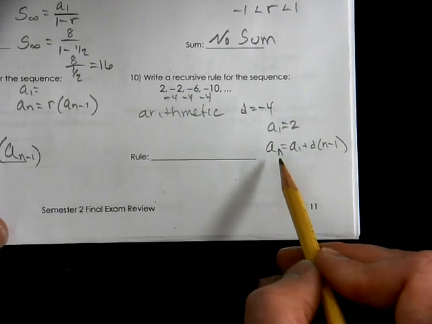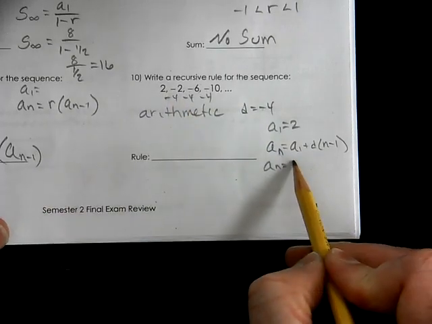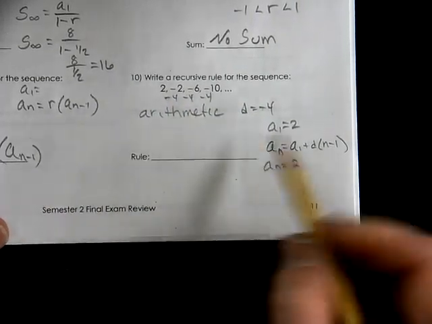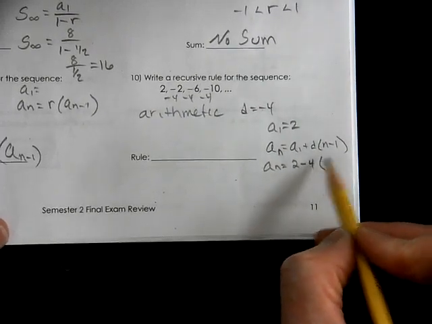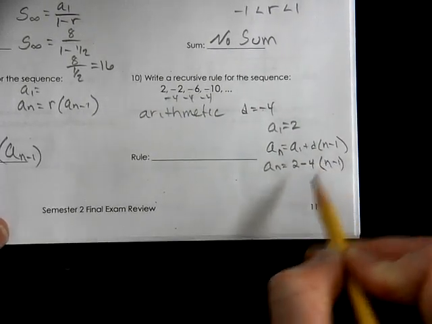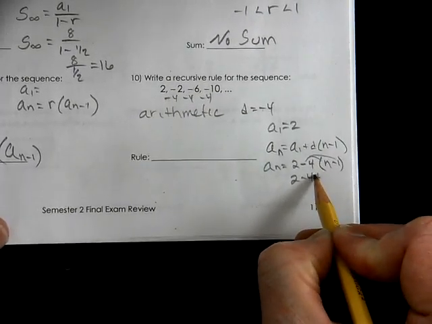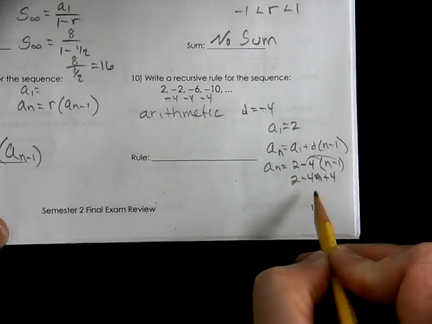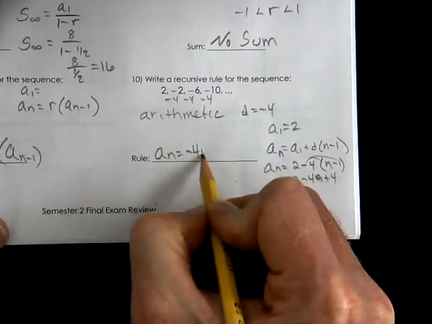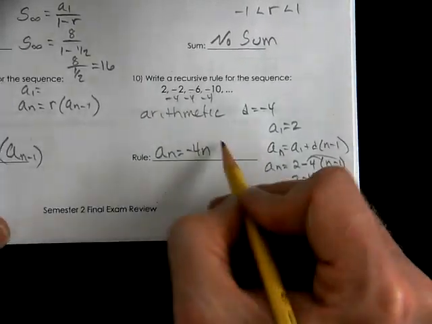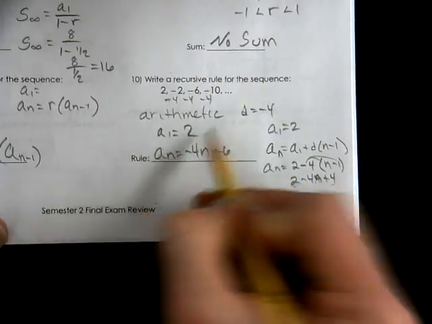To figure out our next term, we're going to say our first term plus our common difference, which is negative 4, times n minus 1. Distribute that through. Negative 4n plus 4 gives me negative 4n plus 6. And that's assuming that we start with 2.